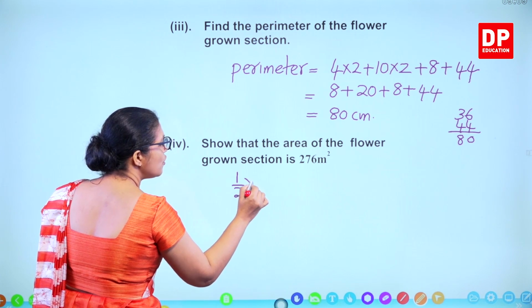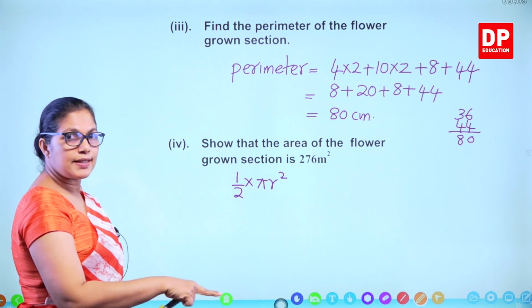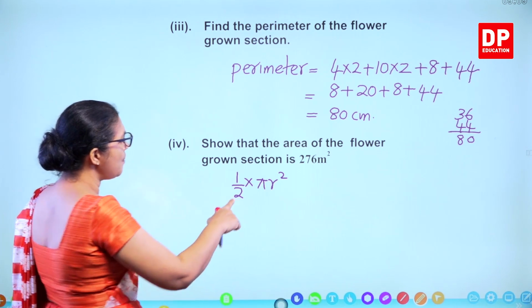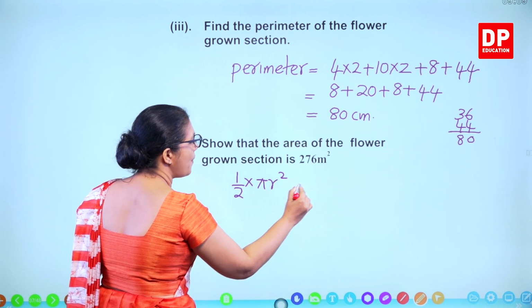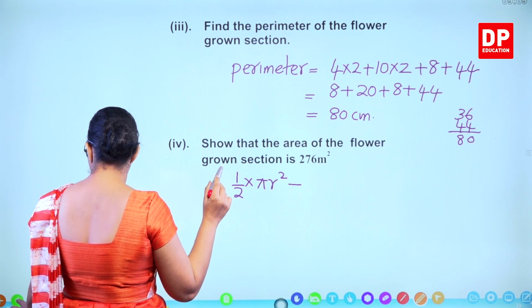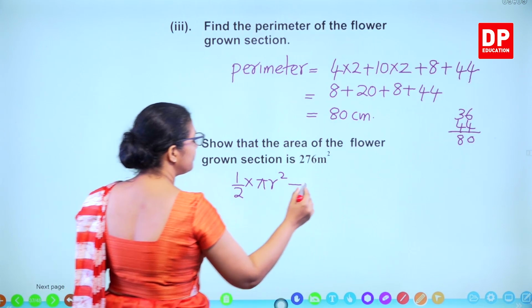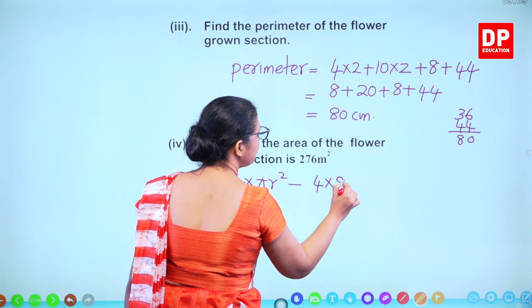Half into pi r squared. Pi r squared is a full circle, so for the hemisphere you have to divide by 2. Minus length into width of the rectangle. So 4 into 8.